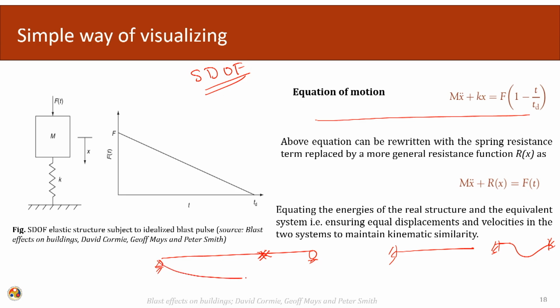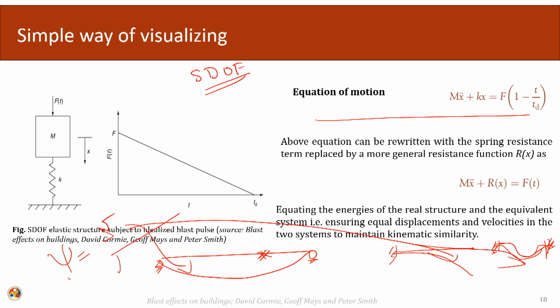Right now we are choosing the first mode, because we are assuming that the contribution of the first mode is maximum. Then we build the shape function: the numerator part corresponds to the shape of the system in the first mode, and the denominator part corresponds to the chosen degree of freedom.